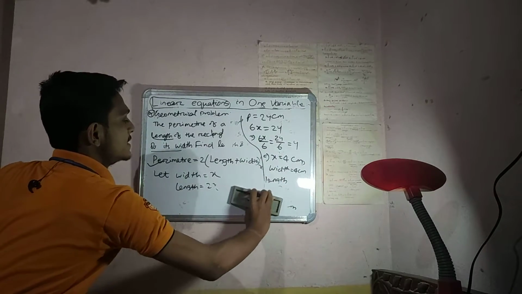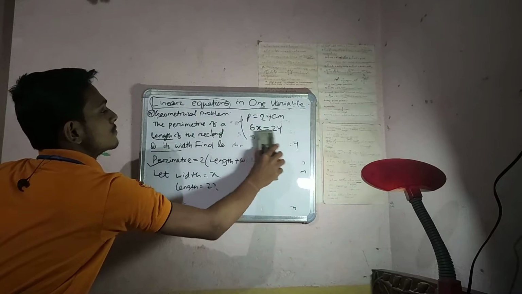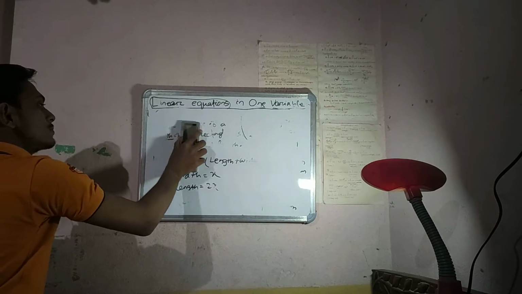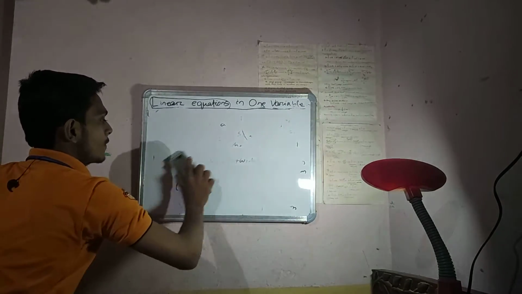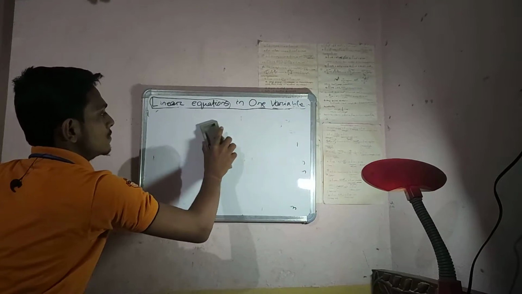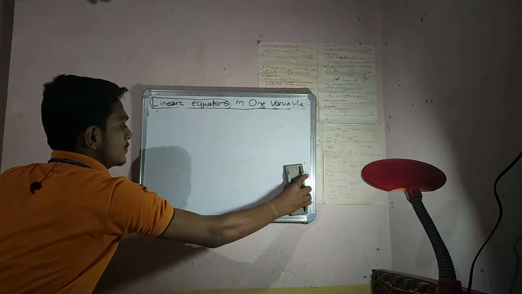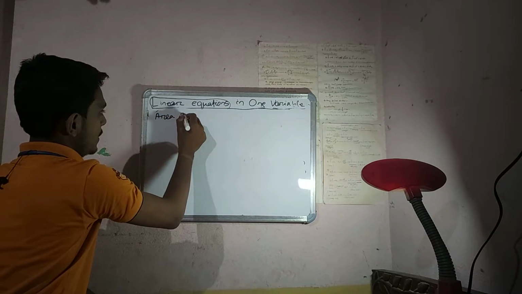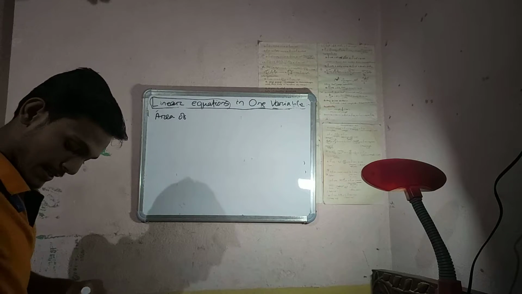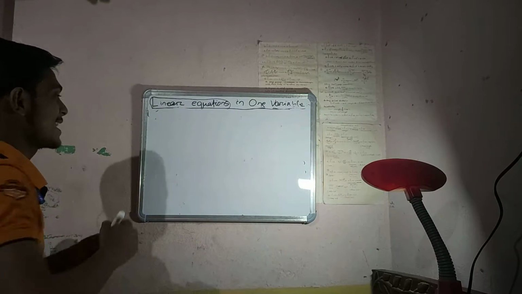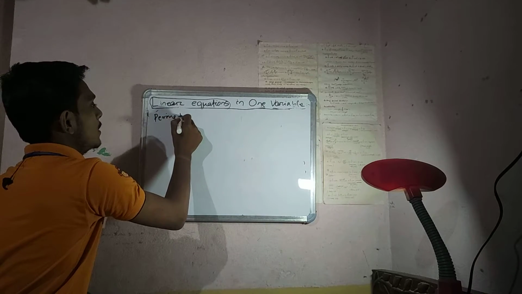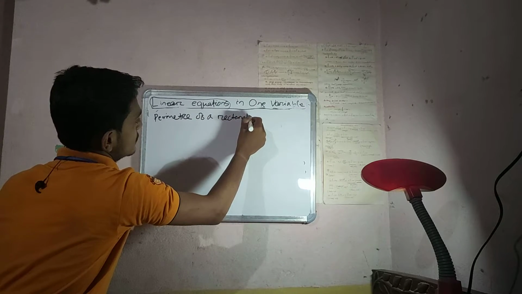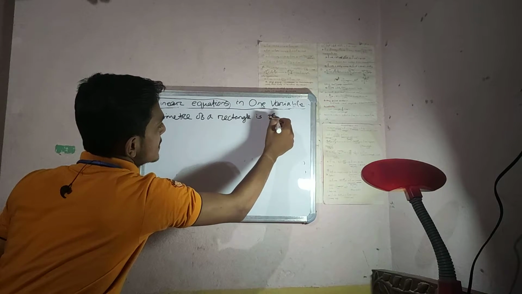Okay. See another geometrical problem. The next problem is: the perimeter of a rectangle is 56 centimeter.